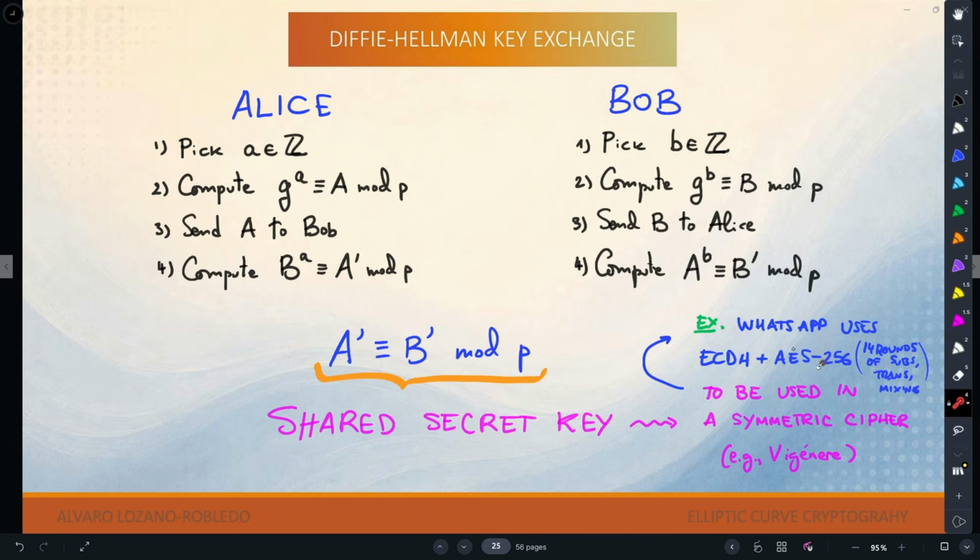And then after that, you use a symmetric cipher, as I said, like some sort of Caesar cipher or something more elaborate. It turns out that if you use WhatsApp, I know WhatsApp uses elliptic curve cryptography, the elliptic curve Diffie-Hellman.